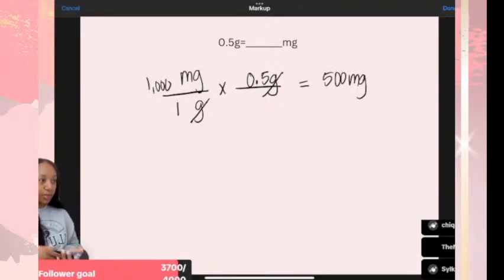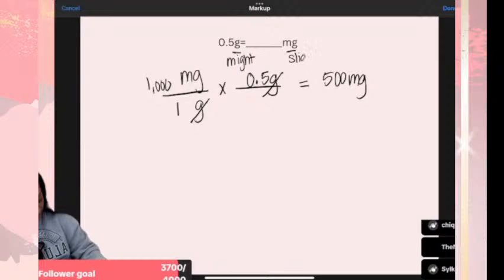Alrighty. If your teacher has told you to just move it 3 decimal spaces, and you're wondering which way to move and how you know, you can use a little word trick. A gram is a larger unit than a milligram. So you're going from large to small, 3 decimal spaces to the right.